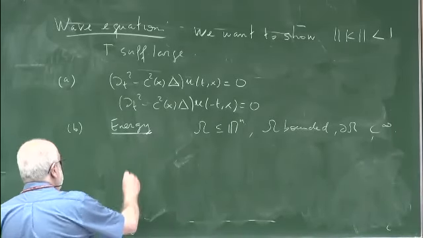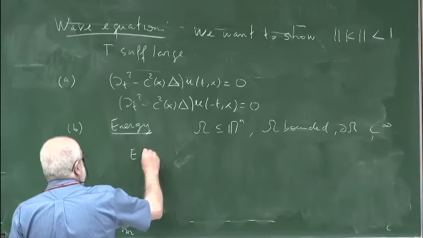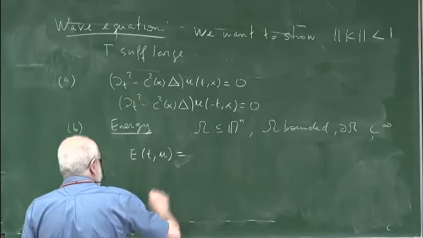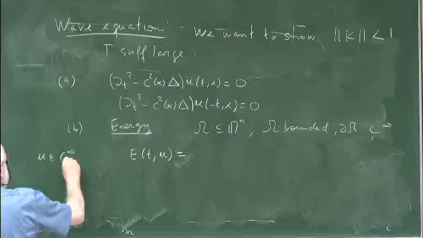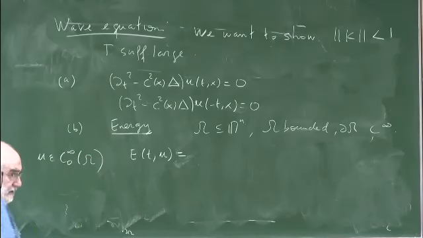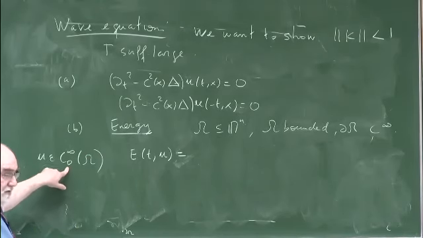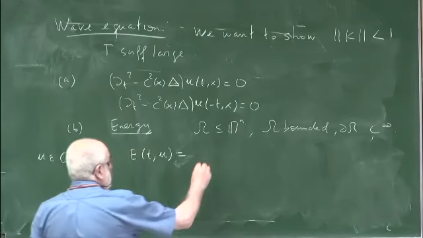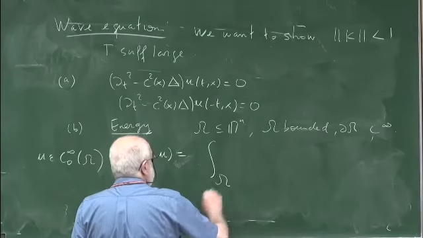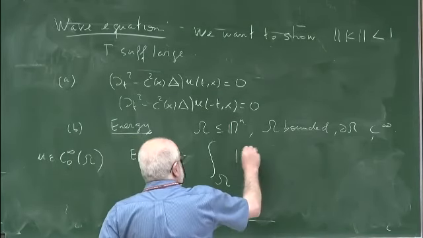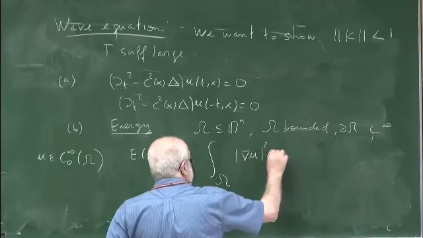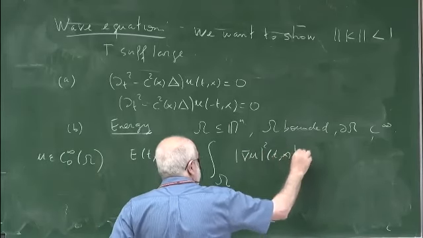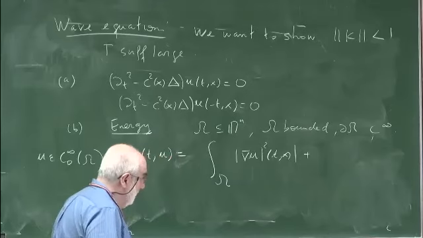So the notion of energy of the solution, assume for the moment that U is in C0 infinity of omega. So this means smooth functions with compact support in omega. I defined this morning, but let me repeat it. This corresponds to the potential energy and then the kinetic energy.